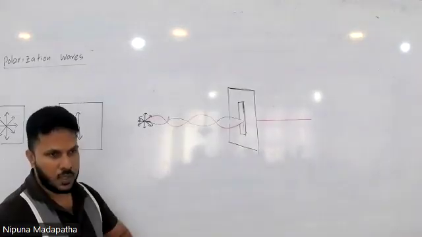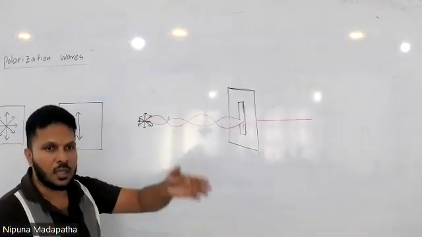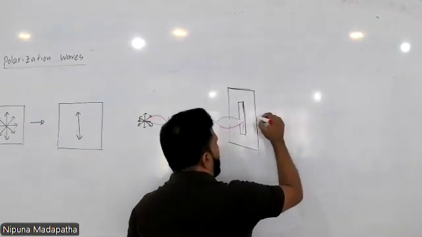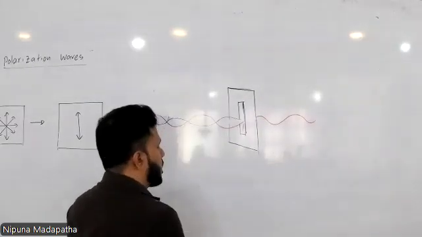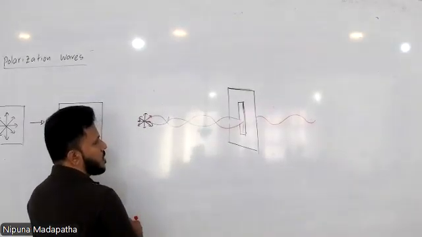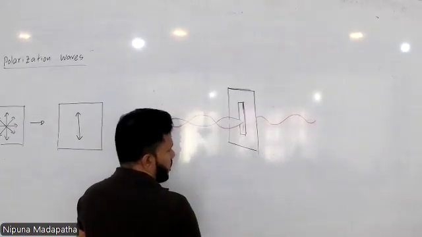All the waves now make only oscillation in the vertical direction that will pass through this slit, right? And the horizontal vibrations can't pass through this vertical slit.